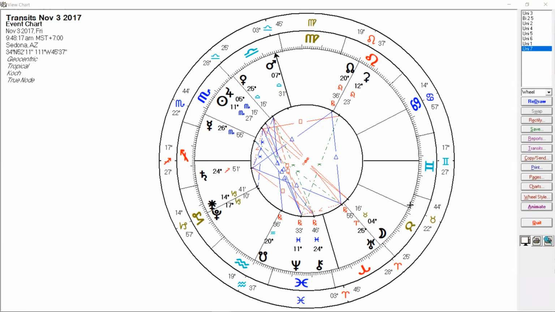So what we see is that, first of all, aspects between planets connect these planets, but there's also a range. Even if they are not on the same degree, they are still close enough to each other, or they are still within orb of each other.